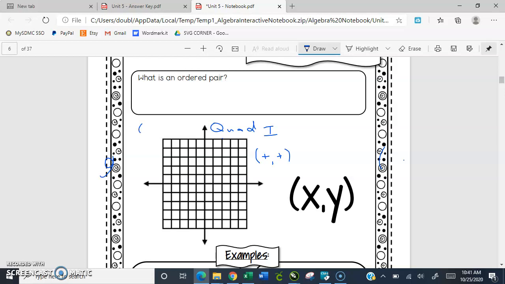Okay, here's quadrant 2, and I wrote quad for short. We know we're graphing in quadrant 2 when our X coordinate is negative, but our Y coordinate is positive. Here's quadrant 3, or quad 3.